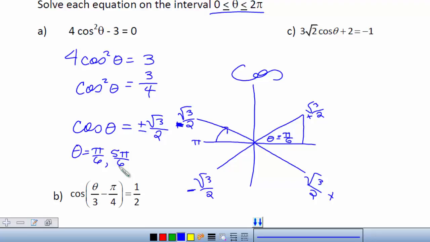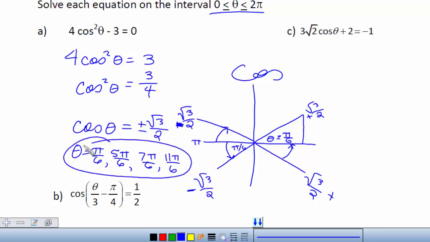Then I got a reference of pi over 6 here. So we get what? 7 pi over 6. Very good. And then reference of pi over 6 here, 11 pi over 6. And so there it is.